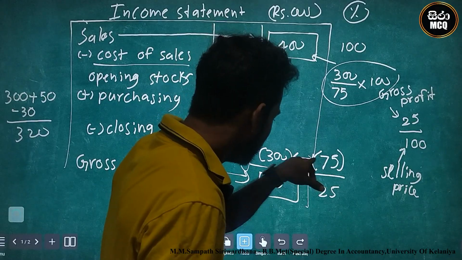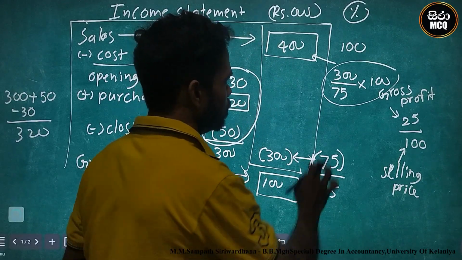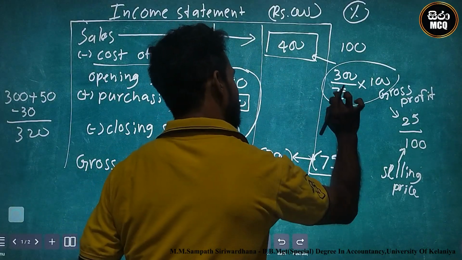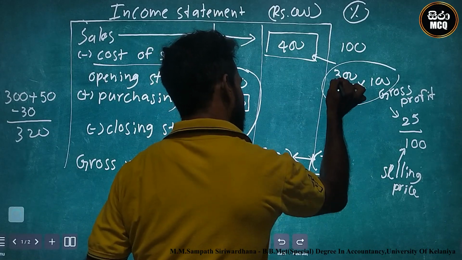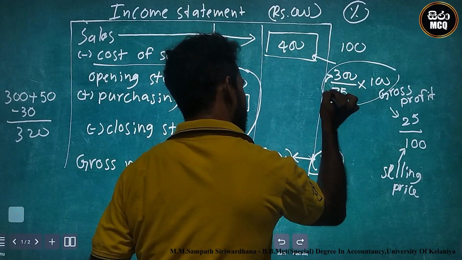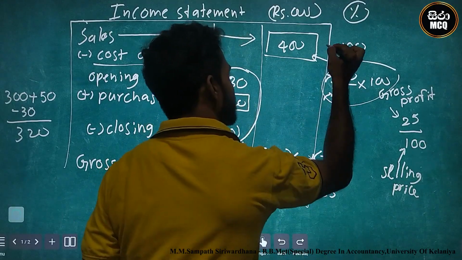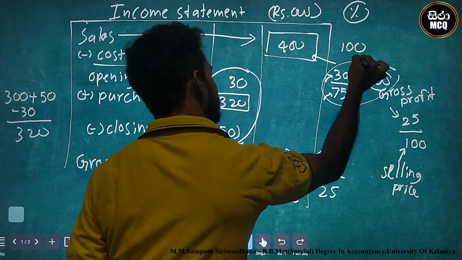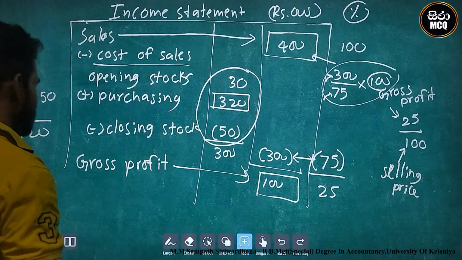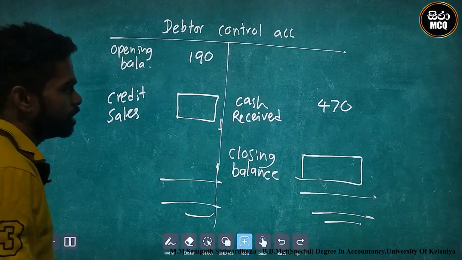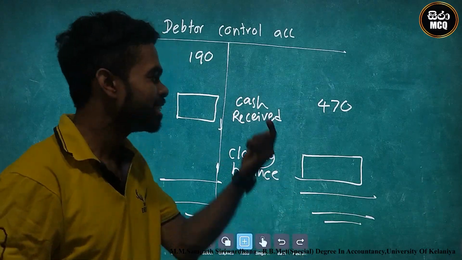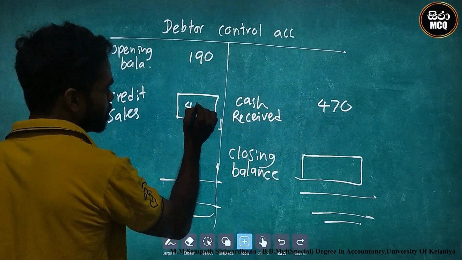Cost of sale 75 is 300. Therefore, 300 divided by 75. This is the cost of sale. And you multiply by that requirement. Requirement is 100 by selling price. The sales is 400. Sales credit, debtor control debit 400.